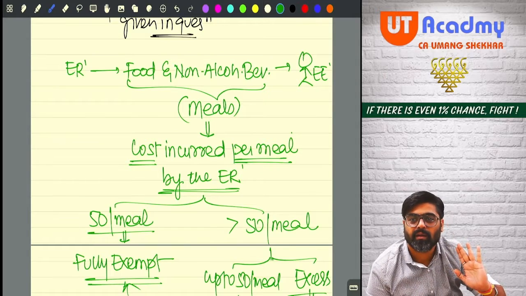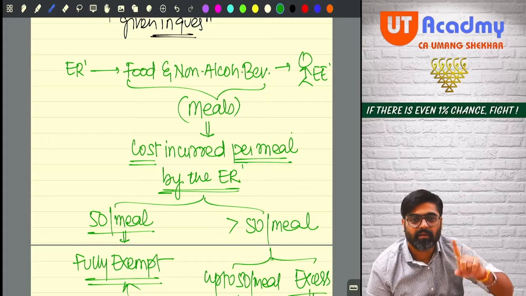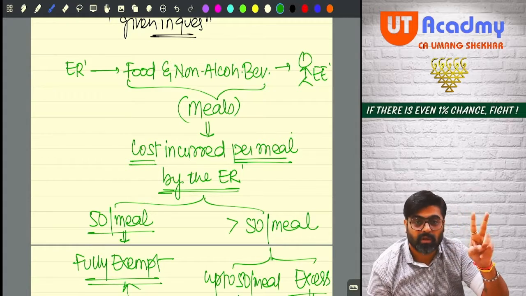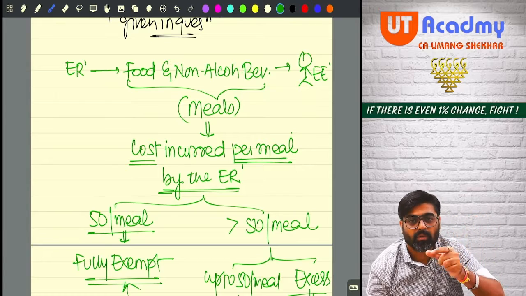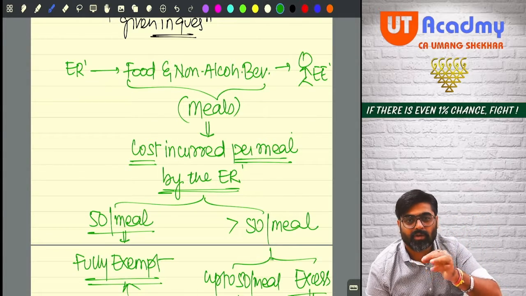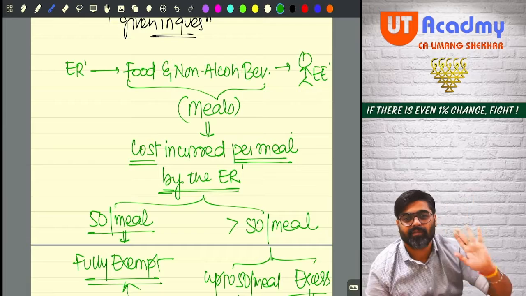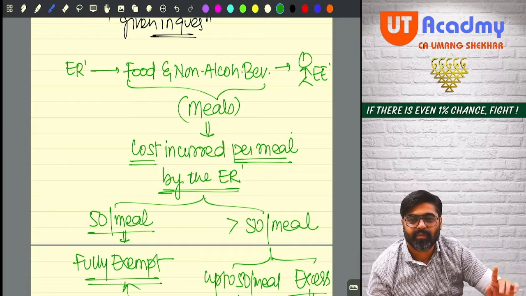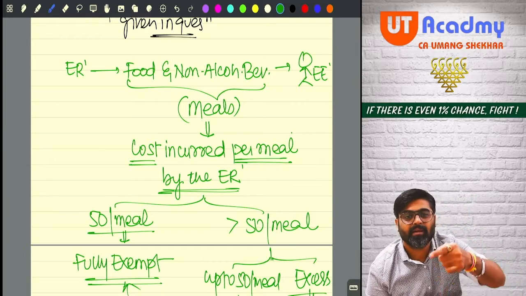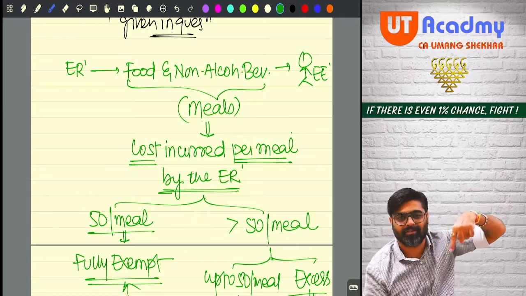But wait, no canteen and the employer is not going to order either. The employer will give you a food voucher of rupees 150. That food voucher will be valid in nearby restaurants.